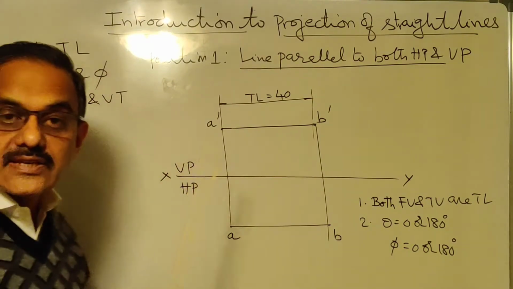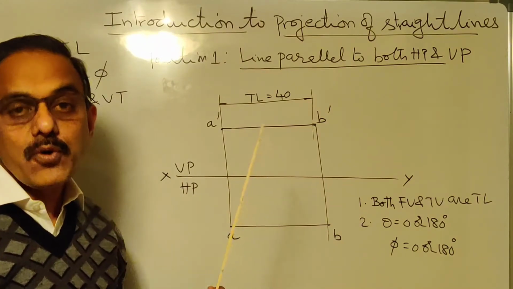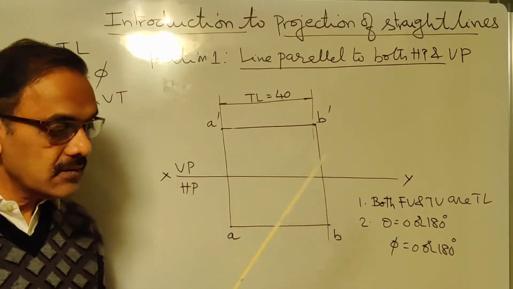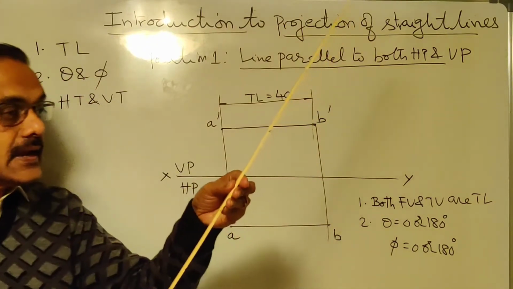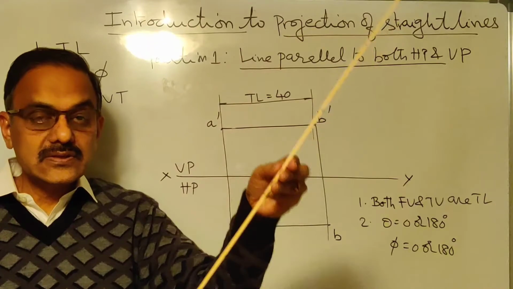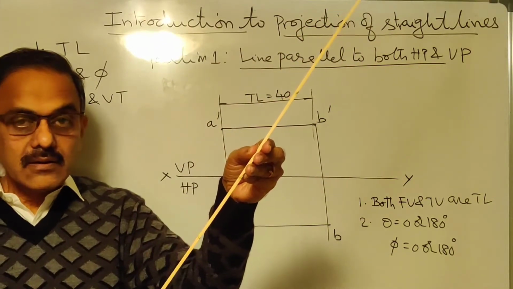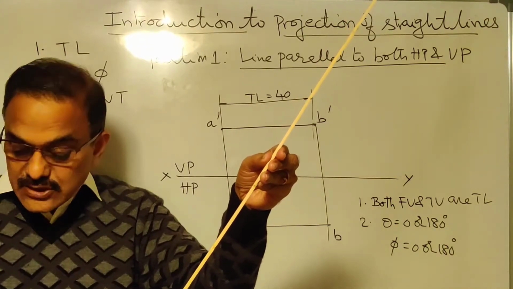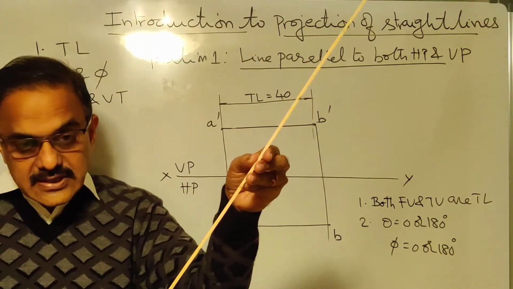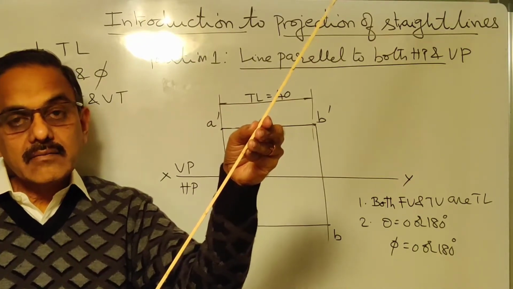First of all, what is the trace of a line? Basically, the trace of a line is a point. What is that point? Let us say the line is inclined, I am taking a different position. Let us say the line is inclined to HP like this. The line is inclined to the horizontal plane. Imagine that the line is extended to intersect the horizontal plane.